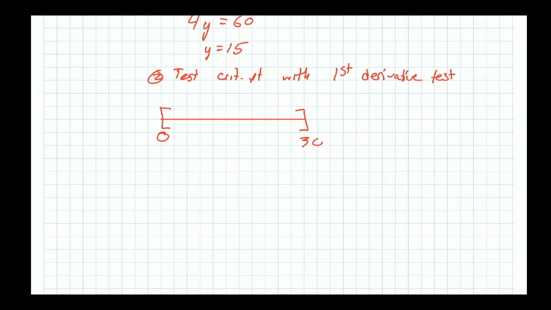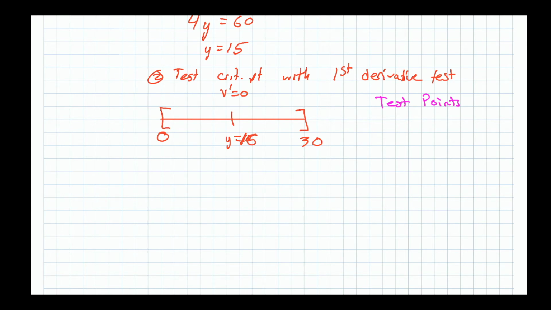If you know it ends at 30, put that in. Then put your critical point, Y equals 15, here. What's special about that point? That's where A prime was 0. Now we need to do test points, one from each section.